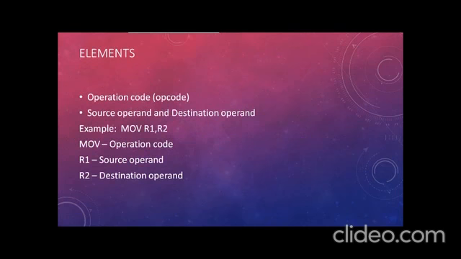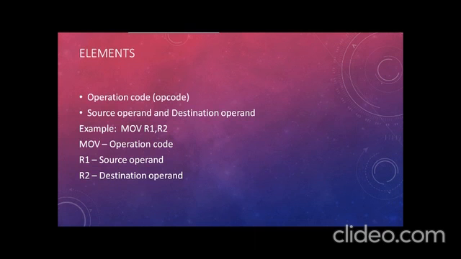The next topic is elements of machine instruction. The elements of a machine instruction are operation code, which is also called opcode, then source operand and destination operand. Opcode specifies the operation to be performed.